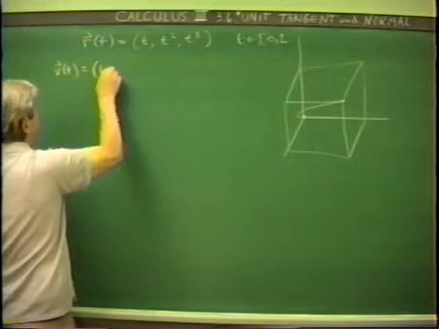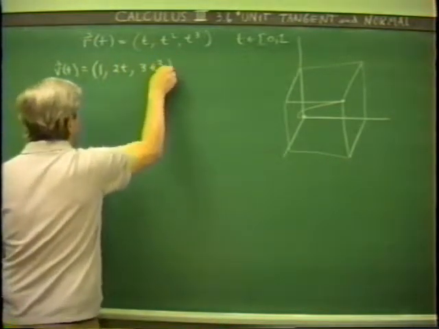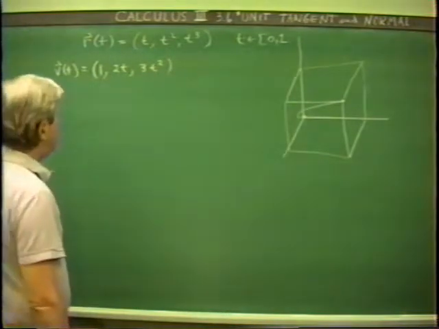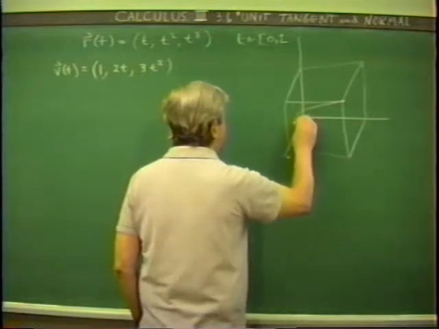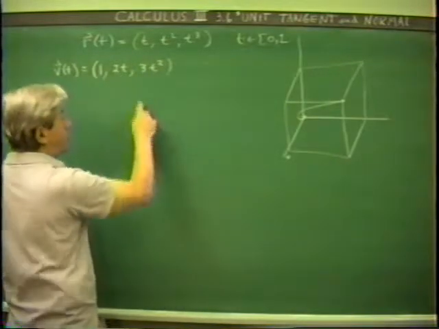Let's look at v(t). It's equal to 1, 2t, 3t squared. I guess this indicates that this motion sort of proceeds along the x-axis here at the start.